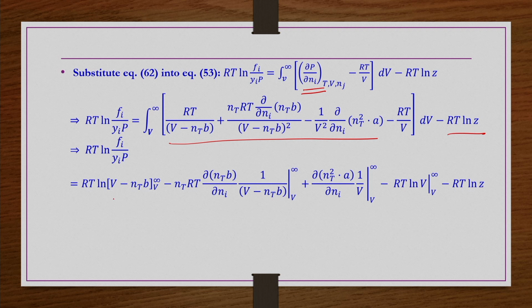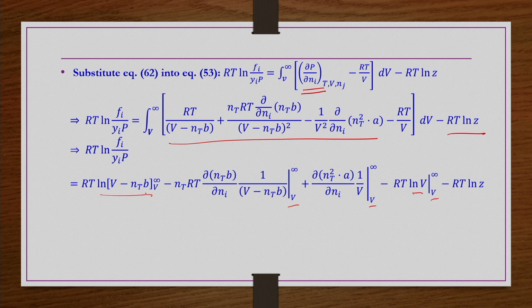Integration of this part is nothing but ln(V − NTB). Integral of 1/(V − NTB) whole square is nothing but minus 1/(V − NTB), and then here also integral of 1/V² is nothing but minus 1/V, and then integral of 1/V is nothing but ln V, right, and then these limits V to infinity are there anyway.